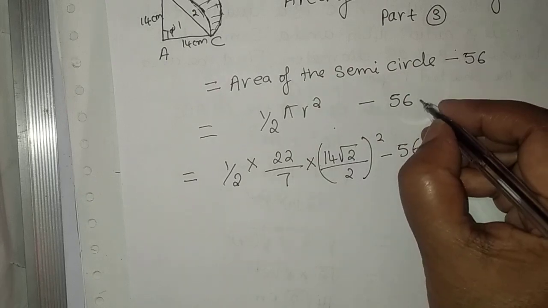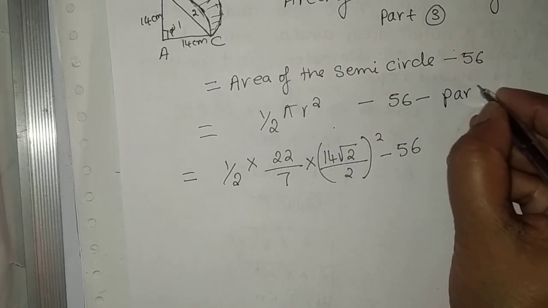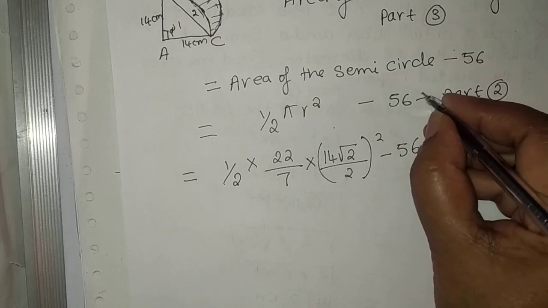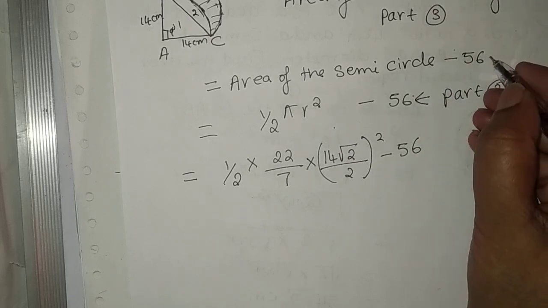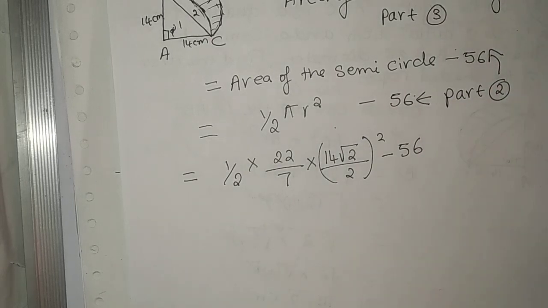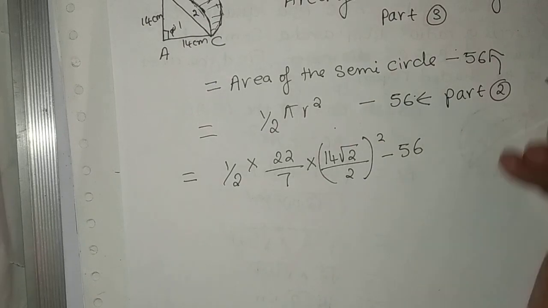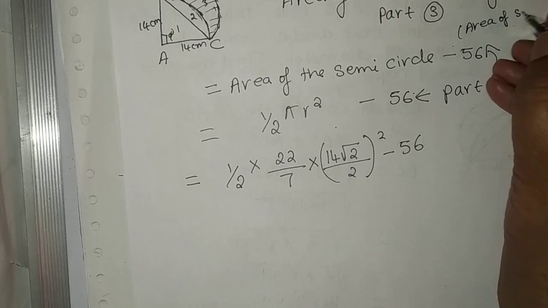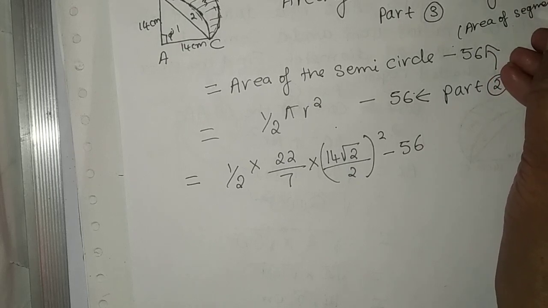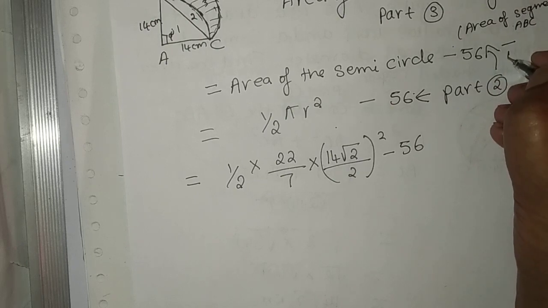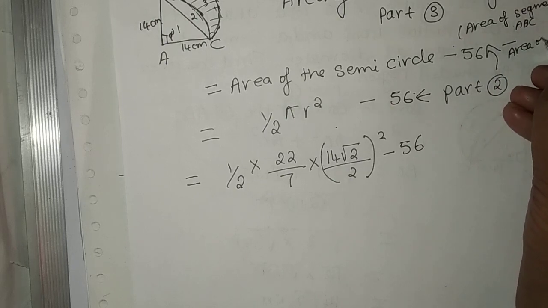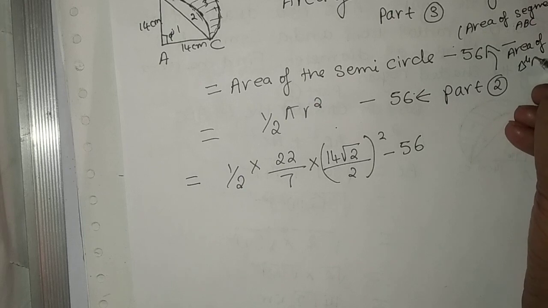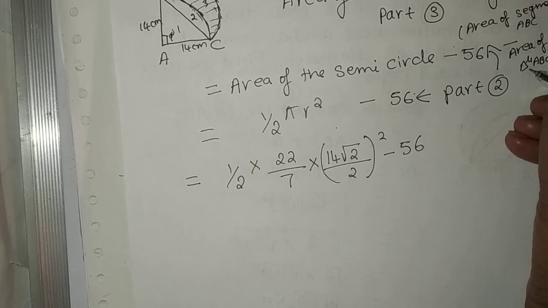So what is this? This is part 2. The answer which we got from part 2 is this 56, that is the area of the segment ABC minus the area of the triangle ABC. This is 56 here.